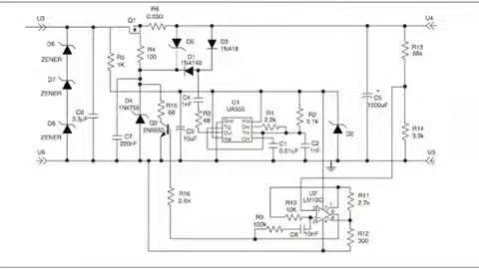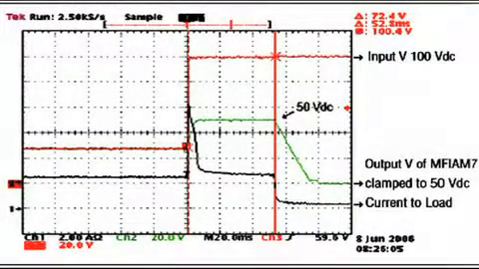Although it is perfectly feasible to build a clamping circuit using discrete components and design the EMI filter, most engineers choose off-the-shelf solutions such as Vicor's MFIAM7, or perhaps a combination of the FIAM7 with a Transorb for the most demanding situations. Using an off-the-shelf solution will save time and ensure compliance, reducing the development risk.